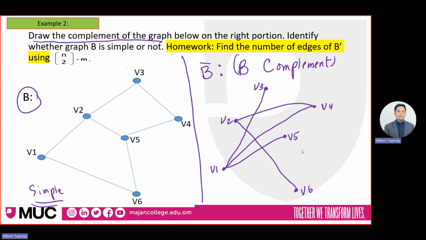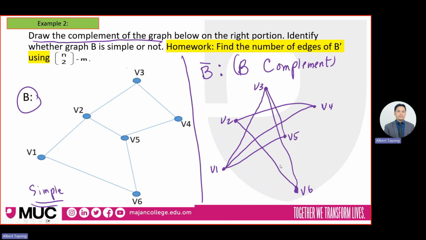Our 3 is connected or adjacent to 2 and 4. The opposite is 5, 1, 6. Okay, it's connected to 1 already. So we have to draw 3 to 5 and 3 to 6. Right?